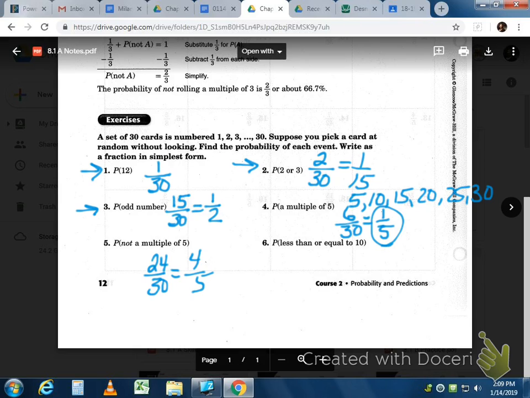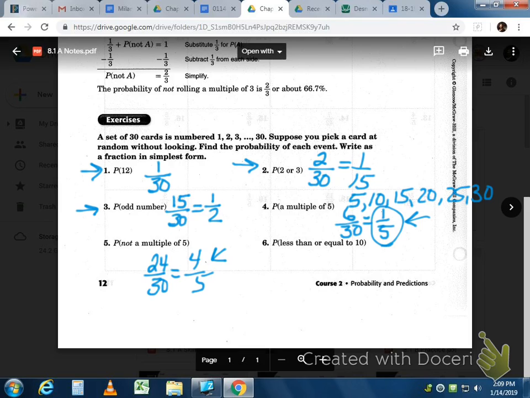Now, look at this. 1/5 and 4/5. Doesn't 1/5 plus 4/5 equal 1 whole? Yeah. That's how you know. The complementary events, or the opposites, should add up to 1. We didn't have to do 24 over 30. We could have just said, if 1/5 is the multiples of 5, then 4/5 has to be everything else, not the multiples of 5.